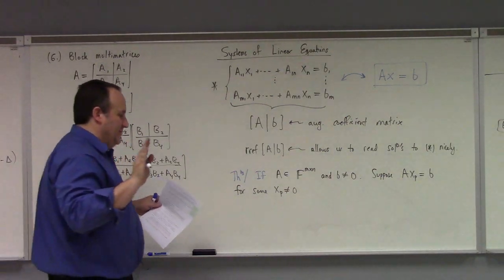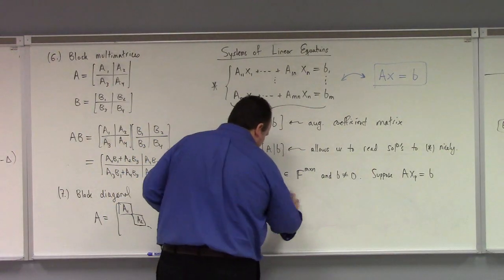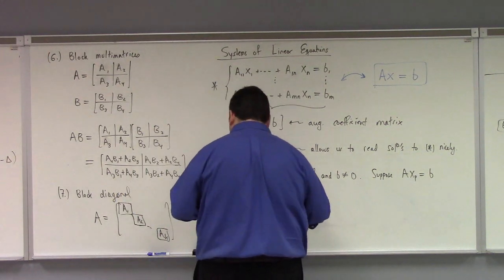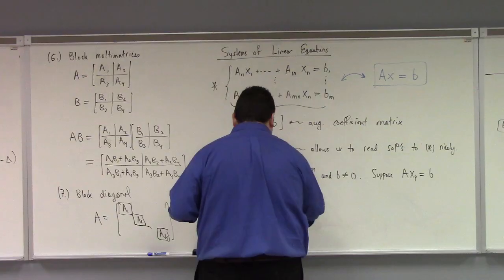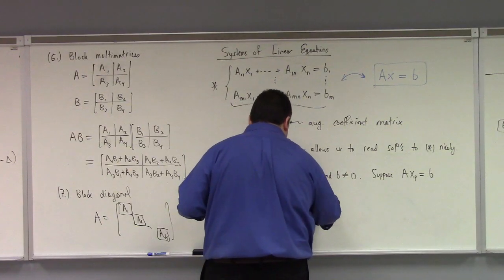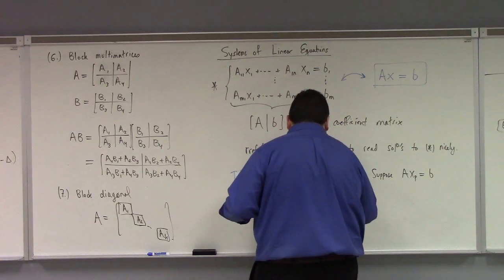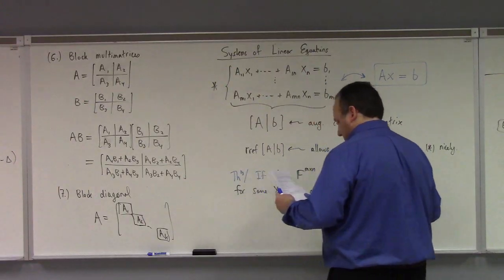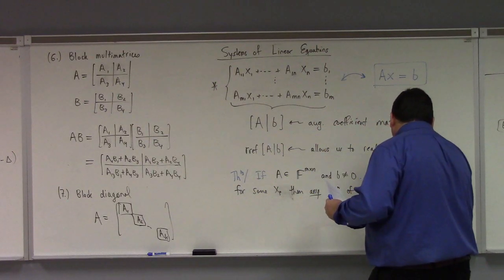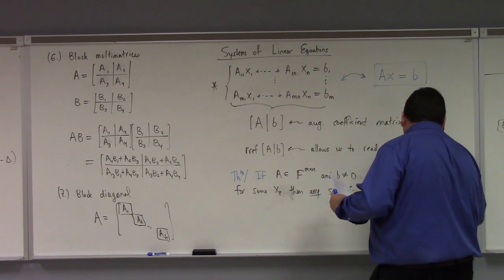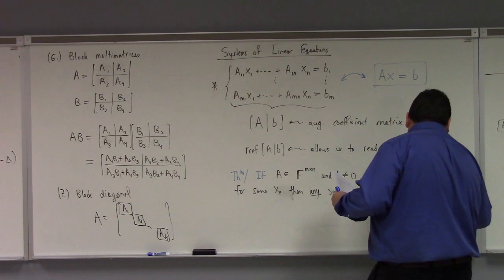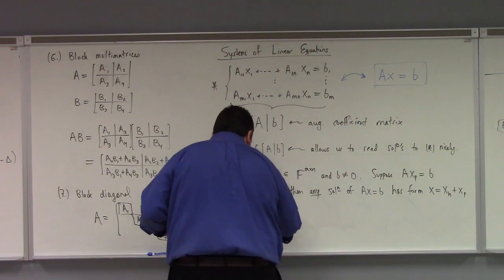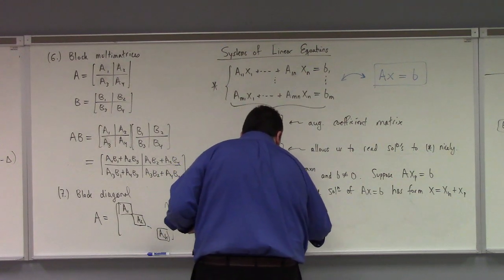Okay, I'm going to call an audible here. I don't think we need this. Suppose A x_p equals b for some x_p. Okay, there we go. And then any solution of Ax equals b has the form x equals x_h plus x_p, where A times x_h is equal to 0.